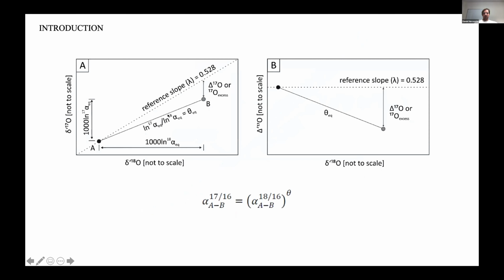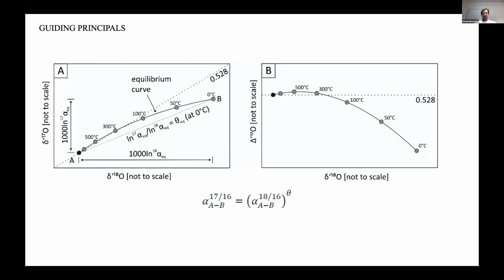Theta is defined as the ratio of the logarithms of the alpha values for 17O and 18O. You can calculate the fractionation factor for 17O by taking the fractionation factor for 18O to the power of theta. So we're interested in what theta is for individual processes.